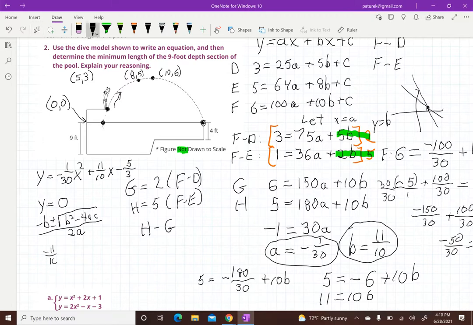-11 divided by 10, which is just -1.1, plus or minus the square root of, well, 11 squared is 121, and 10 squared is 100, so that's going to be 1.21, minus 4 times -1 over 30. That's good, because we get nervous when we're subtracting a positive number underneath the discriminant, times a, that was -1/30, times c, which unfortunately is a negative number, -5/3.